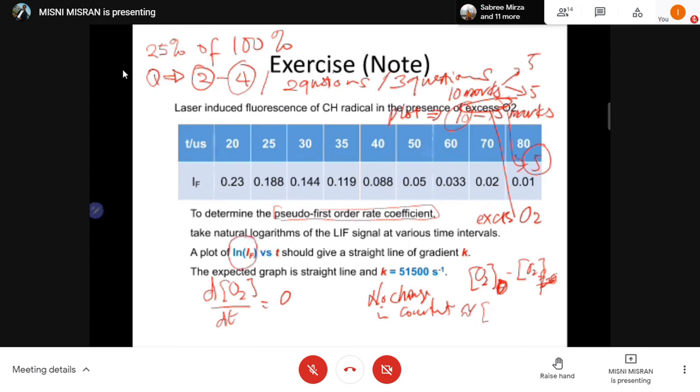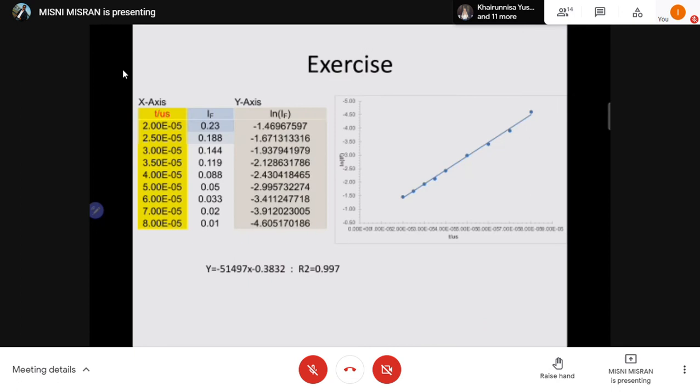You integrate the first order, and since you have 1 over concentration, once you integrate it becomes the natural log of concentration versus t. Now, the slope is your rate constant, in this case the rate constant of decay.